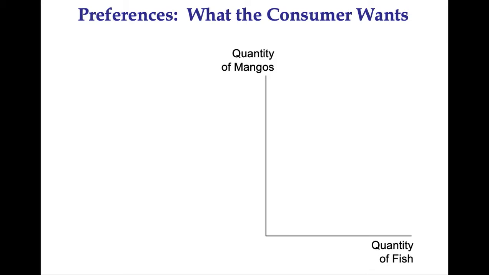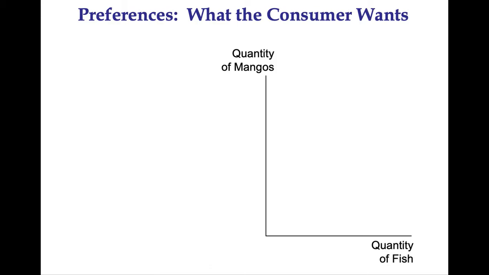A third example, if I'm asked to choose the quantity of mangoes, I prefer a large quantity rather than a small quantity, because a large quantity of mangoes or fish makes me happier than a small quantity.